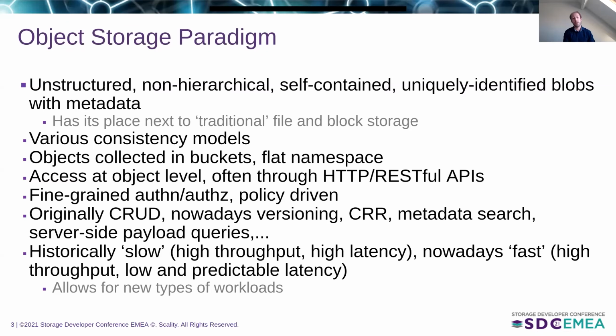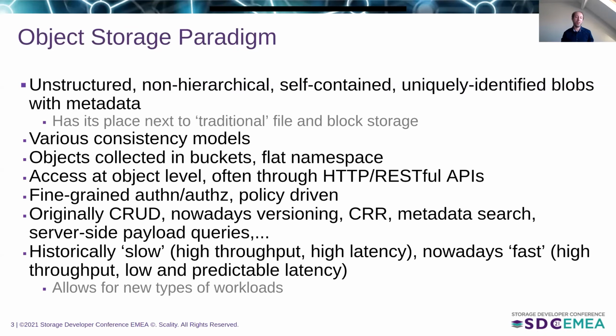In an object store, it's important to realize how metadata is an inherent feature of the object store system. There are various consistency models. Like everyone knows, Amazon S3 initially was eventually consistent, even though nowadays they are strongly consistent. Depending on your application, being strongly consistent is more important.